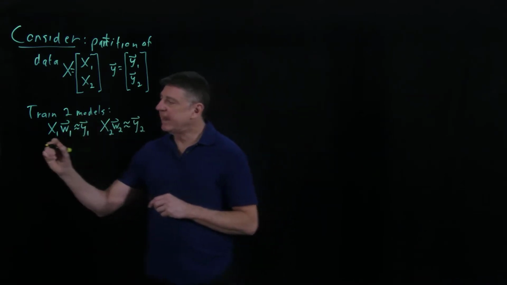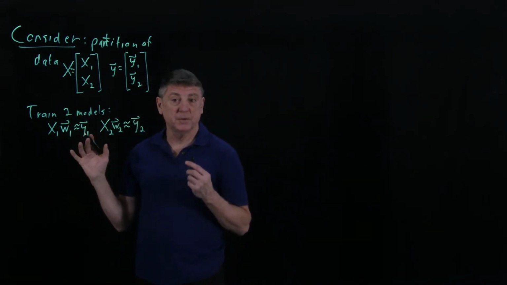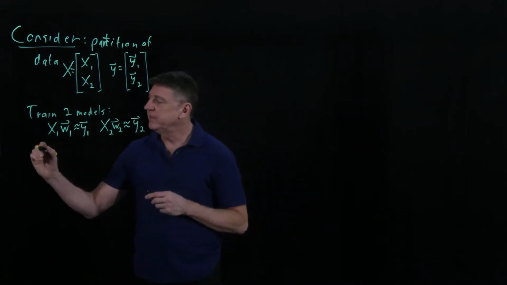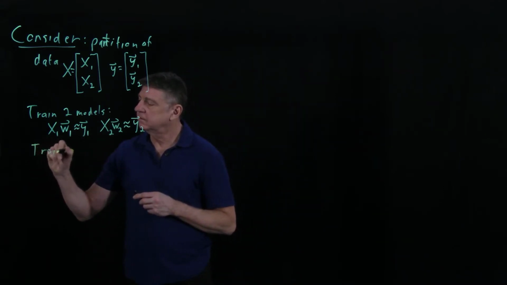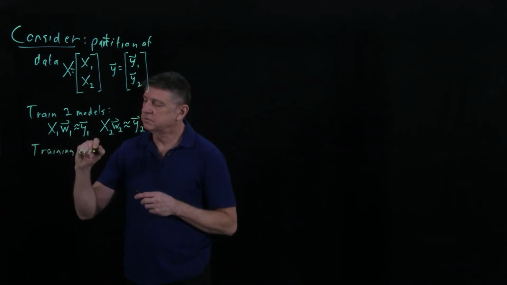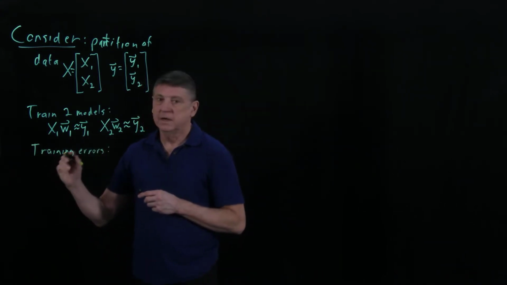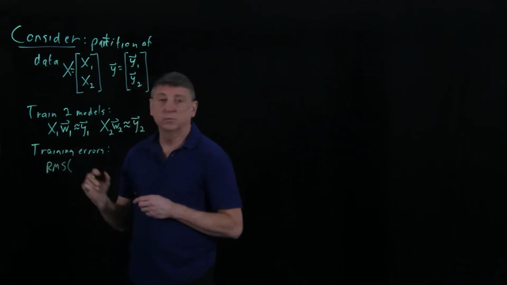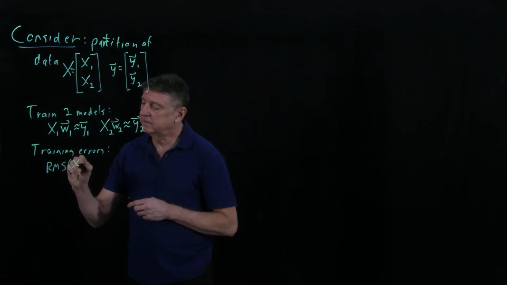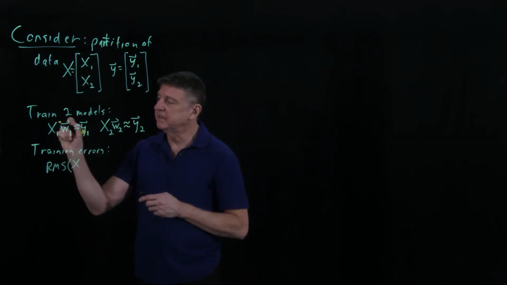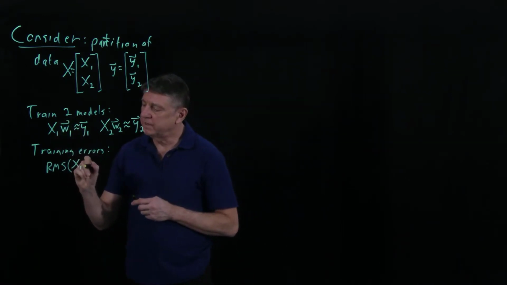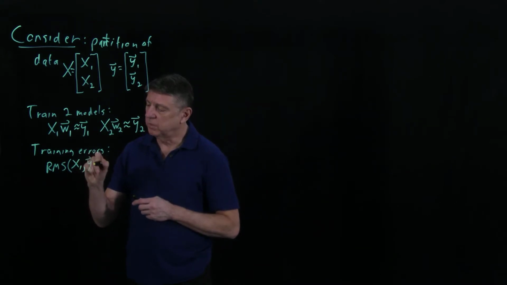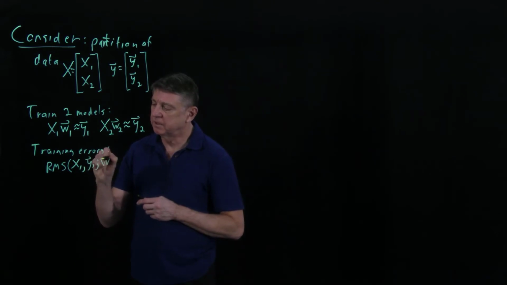We can then find the training error as the RMS, as the root mean square errors. So we can say that the training errors are, this would be the root mean square, and the way that we're writing it is we'll evaluate that using design matrix 1, data vector 1, and then we'll put a semicolon and say that we're using weight vector 1.